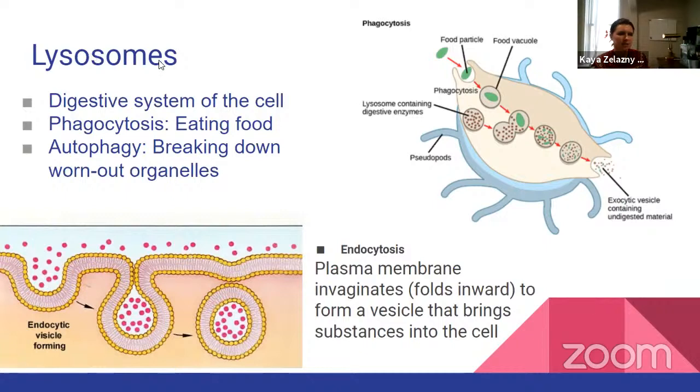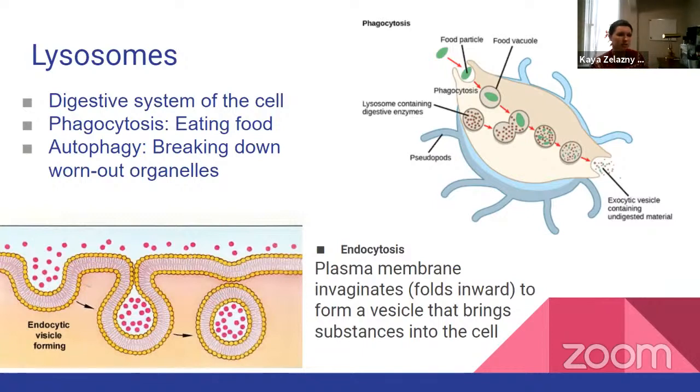Then we're going to have digestive enzymes in a lysosome binding onto that vesicle. It's going to spill the digestive enzymes into our vesicle as they merge together, which is going to break down whatever's in that vesicle.